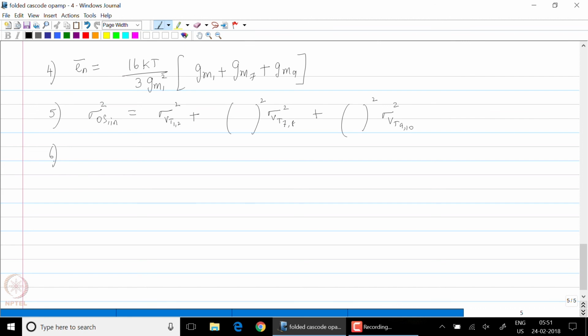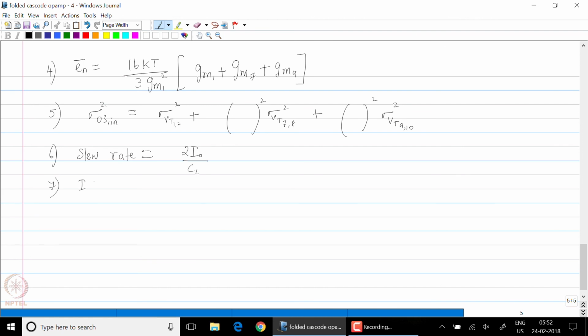The next parameter that we need to look at is the slew rate. As we have seen, for this particular op-amp, the slew rate is going to be 2I0 over CL.